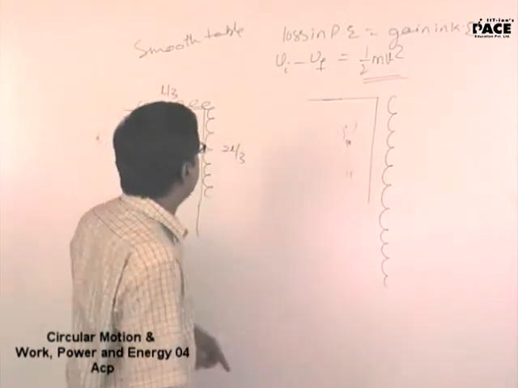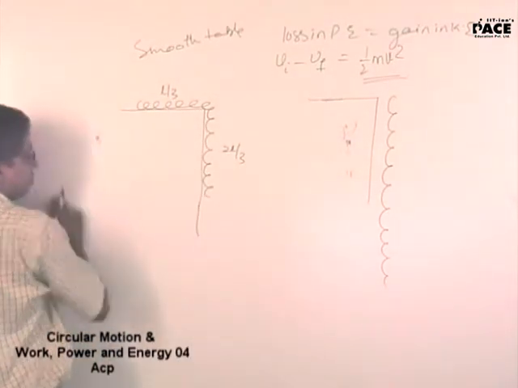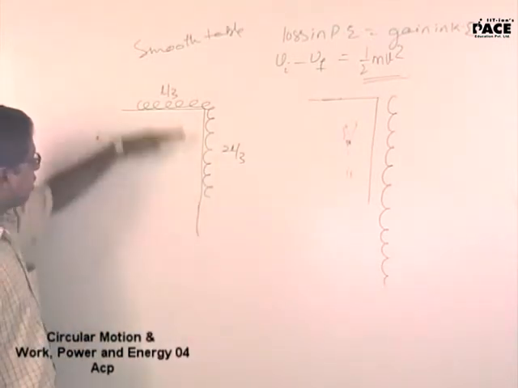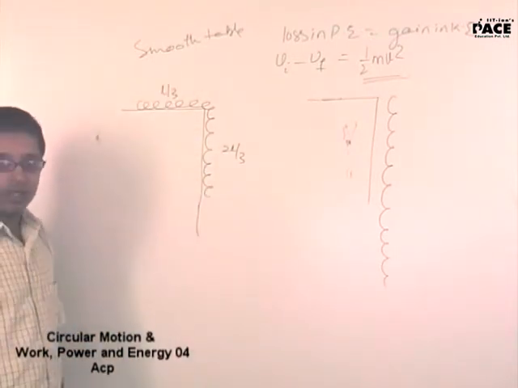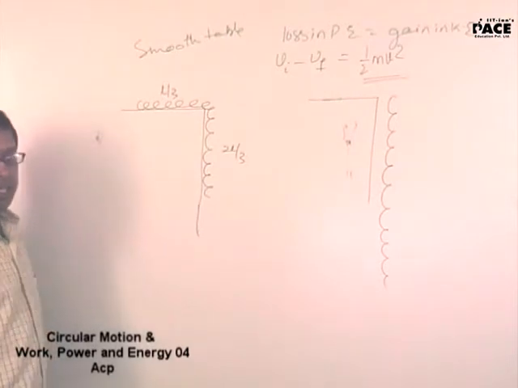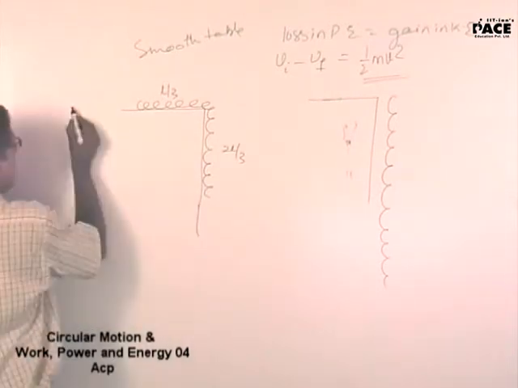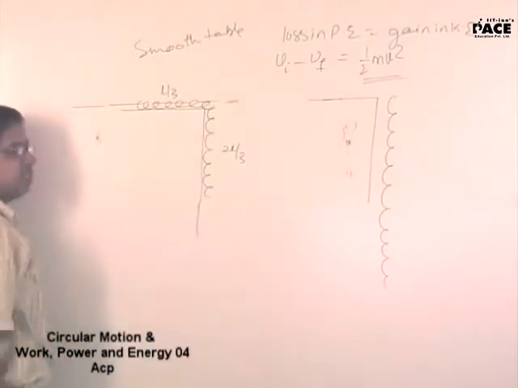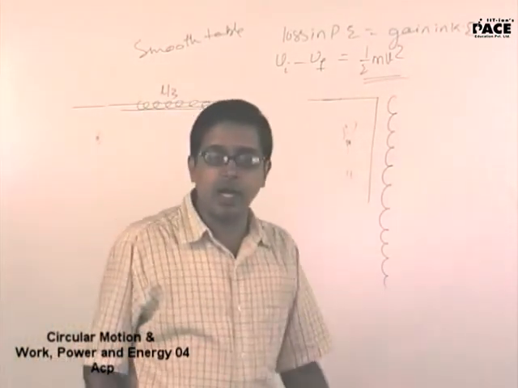Now how do I get U initial? In this particular case, the lower ground surface is not given for me to calculate the potential energy. Hence I will take advantage of the reference line. I will consider this to be the reference line, which means the potential energy here is 0.